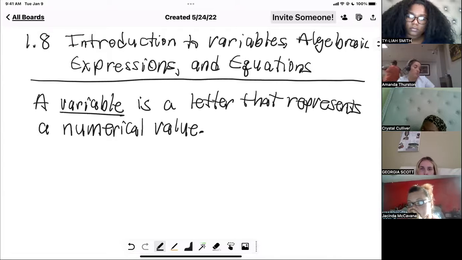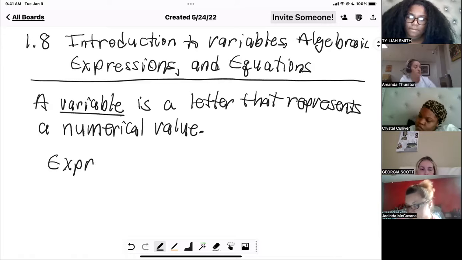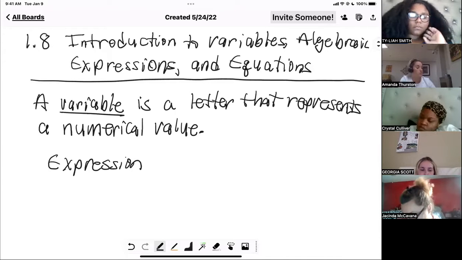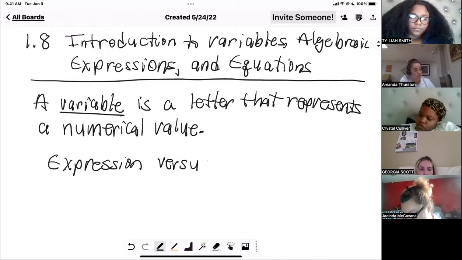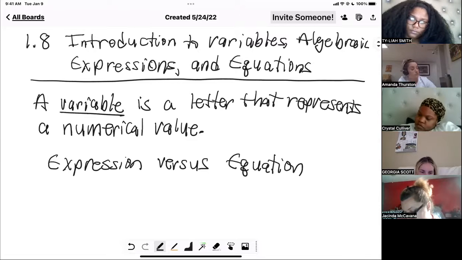Okay, now very important are these two words: expression versus equation. They get very mixed up a lot. If you're one of those people that mixes them up, I used to mess up a lot too when I was in school. Here's the only thing that keeps them separate.